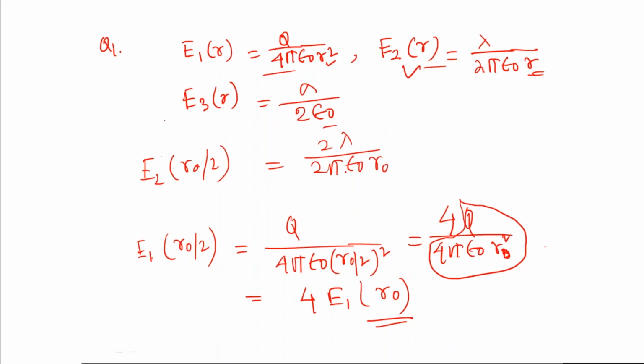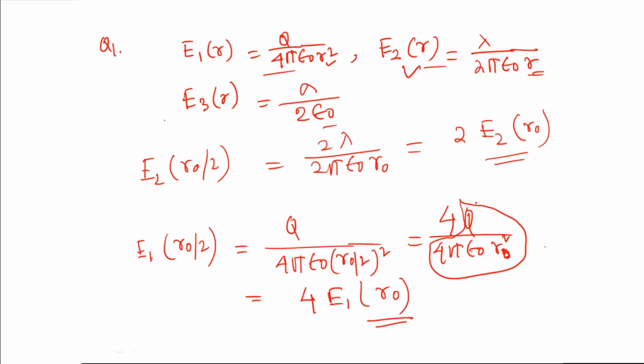Now look, this option says whether 2 into E2 at R0 by 2 will be equal to E1 at R0 by 2. Whether this option is possible.